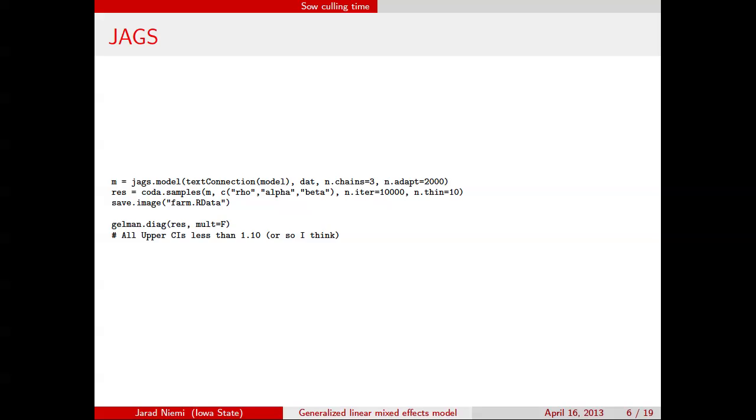I didn't show it here, but later I calculated the quantiles. I used the summary of the MCMC object, summary of res, and I then saved that object separately because just finding the quantiles took some time. So I would get in the habit of doing that as you're coding these up.